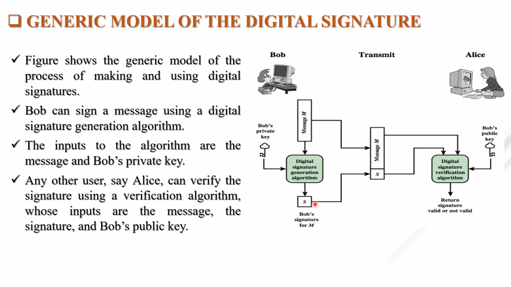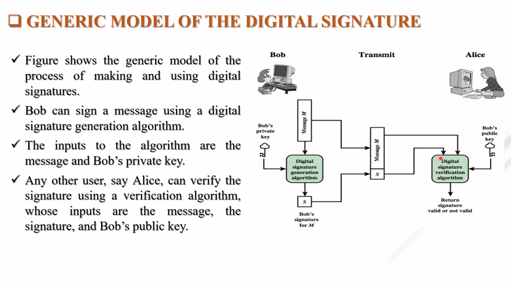Now what will be transmitted to Alice, or to the other end? Any other user, say Alice, can verify the signature using a verification algorithm whose inputs are the original message, plus the signature and Bob's public key. In this algorithm, the original message is fed in along with the signature, which was created from the hash of the message and encrypted with Bob's private key.